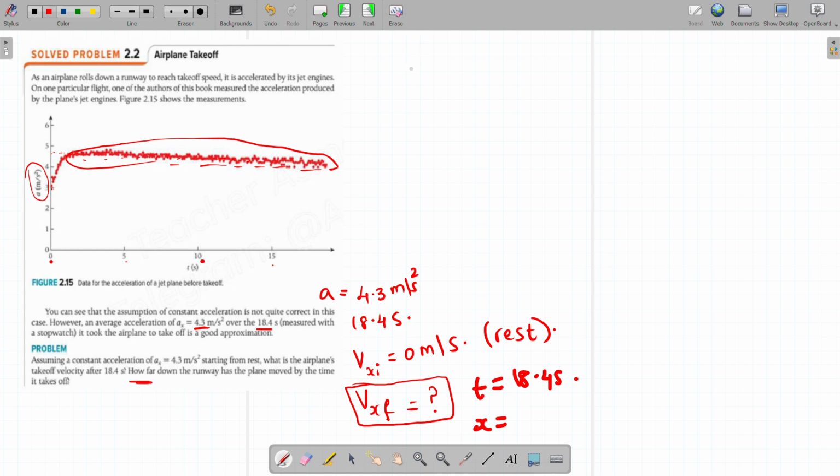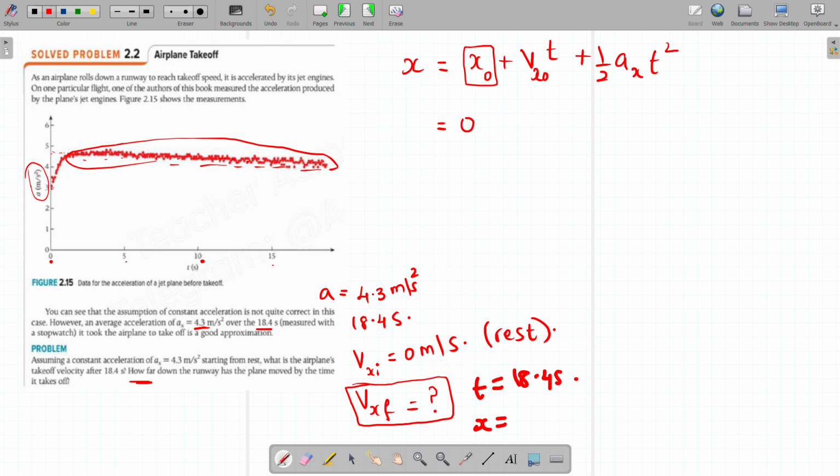For that we need the formula x is equal to x0 plus Vx0 times t plus half a t squared. This is the beginning position.